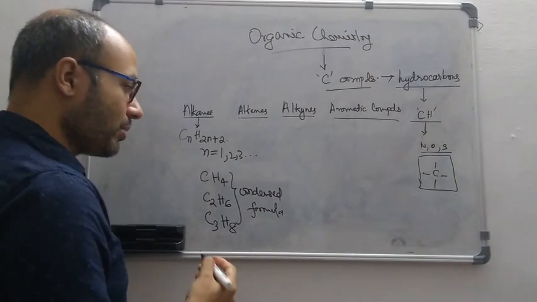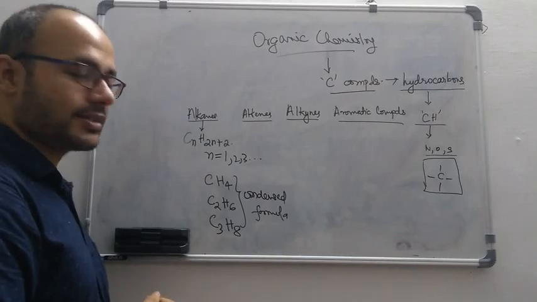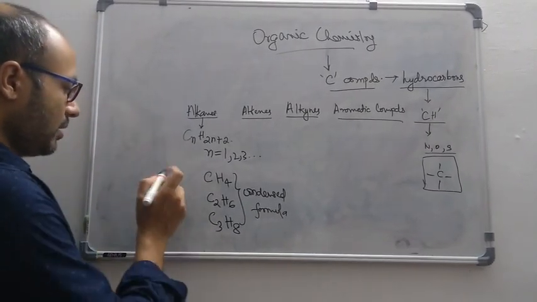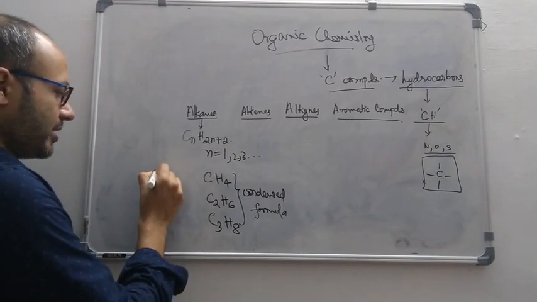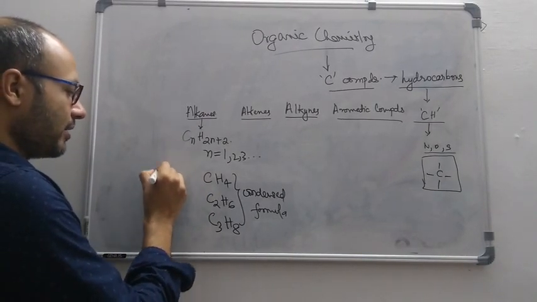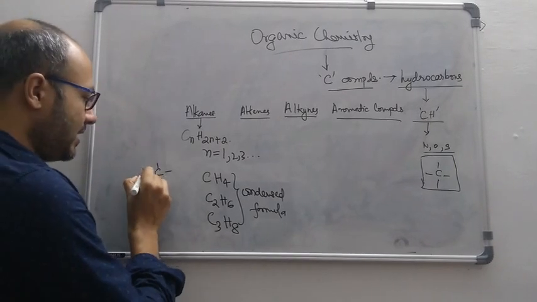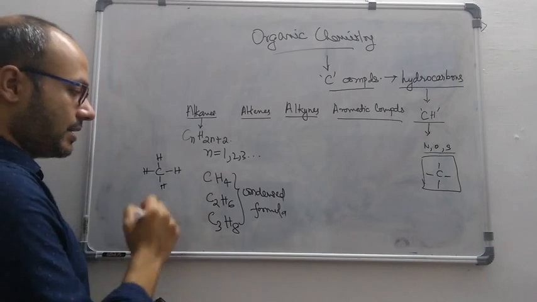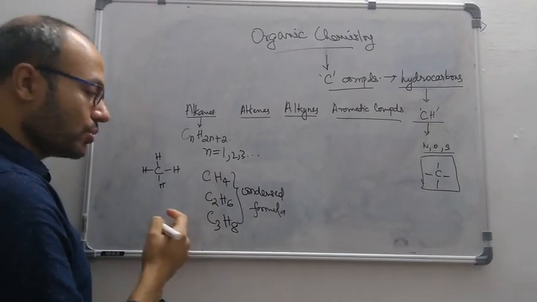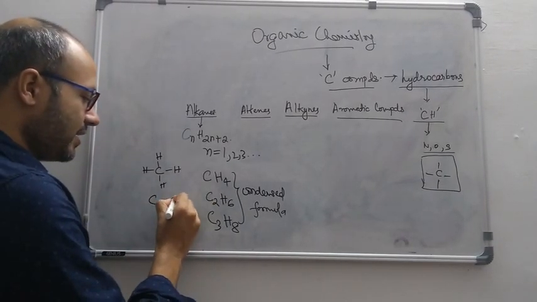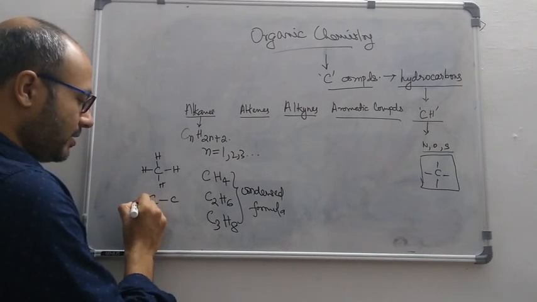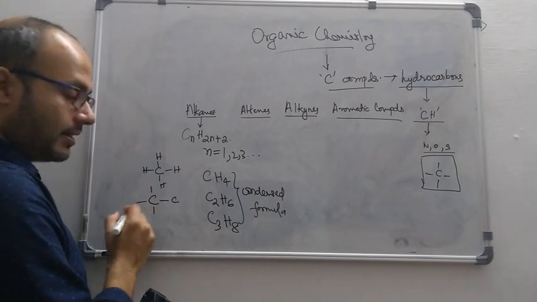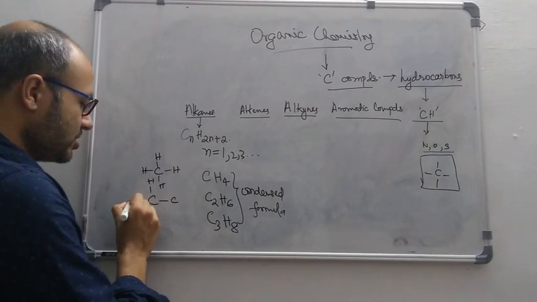Now how do you write the full structure of these compounds? Take the simplest one. Carbon can have only how many valencies? 4 valencies, and these 4 valencies are attached to hydrogen. Now here, how many carbons are there? 2 carbons. So you have C, I have C, and then one bond is already formed between the carbons, and the rest are hydrogens attached.